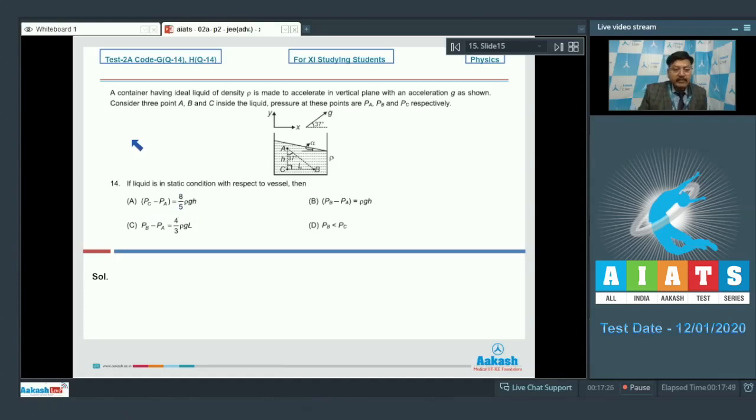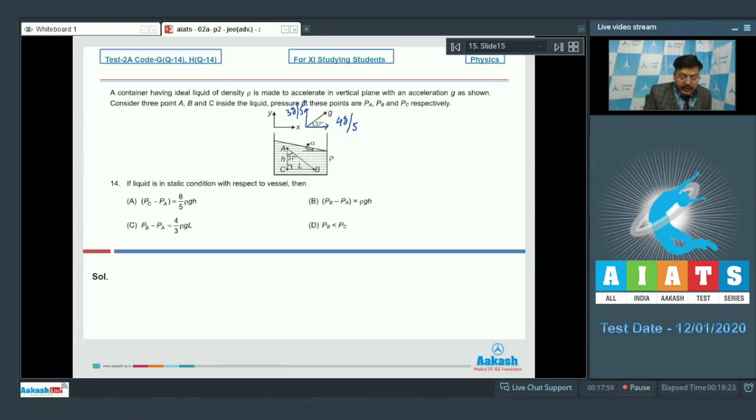Well, let's evaluate. And to evaluate, what we do is we resolve this g into its horizontal and vertical components. So the horizontal component will be g cos 37 degrees, which is 0.8 g or 4g by 5. And the vertical component will be 3g by 5.